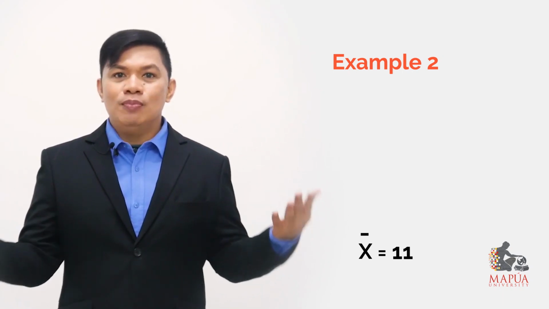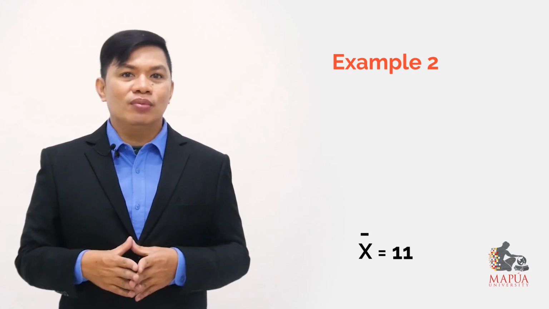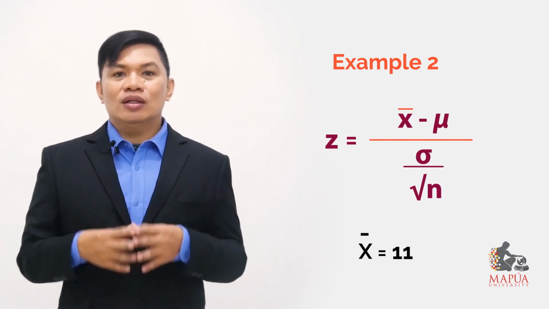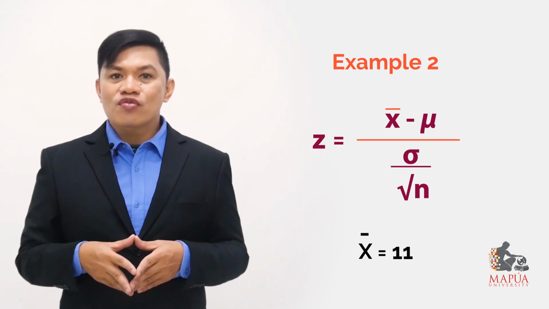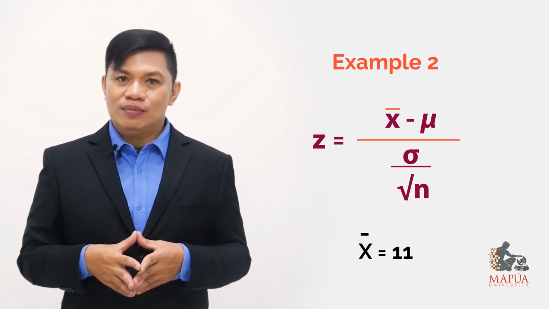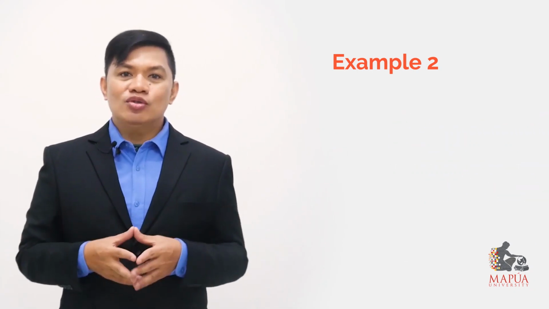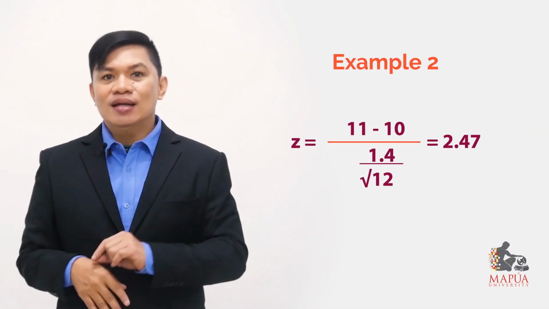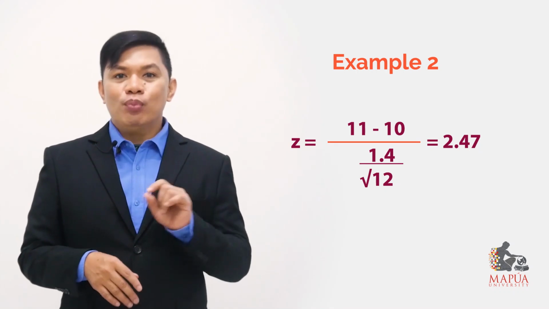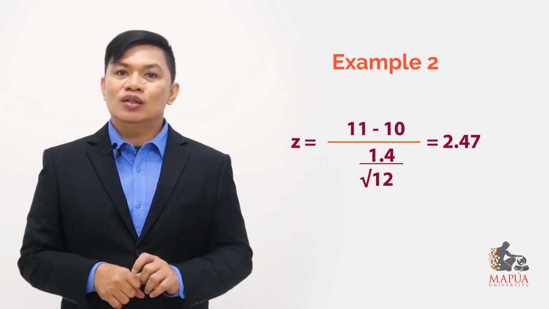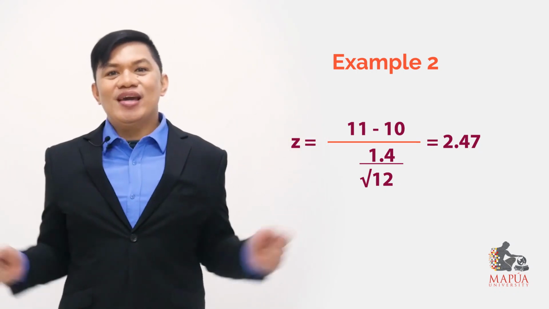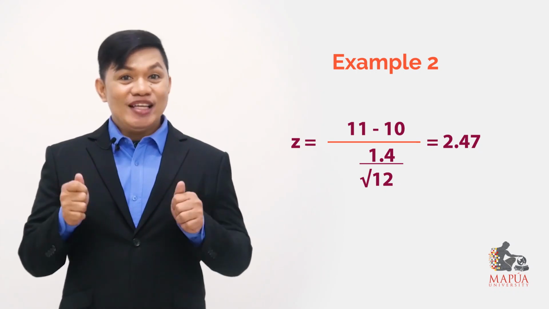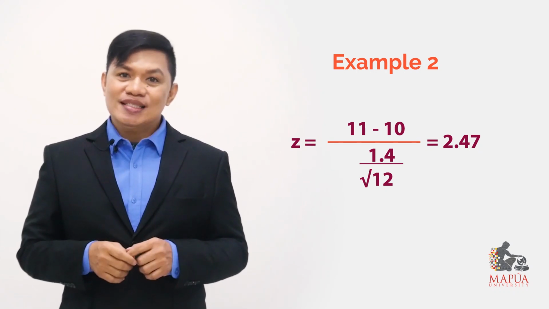So it's just easy. If you recall what we used in example number 1, z is equal to x bar minus mu over sigma over the square root of n. So again, bring out your calculator, compute 11 minus 10 over 1.4 over the square root of 12. Okay, so what do you get? You should get 2.47.